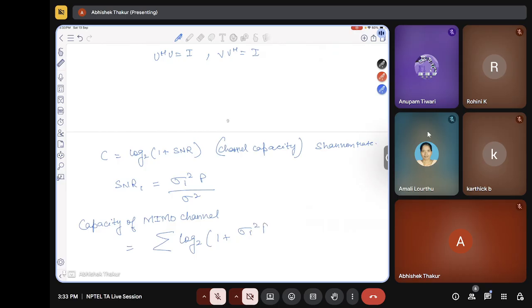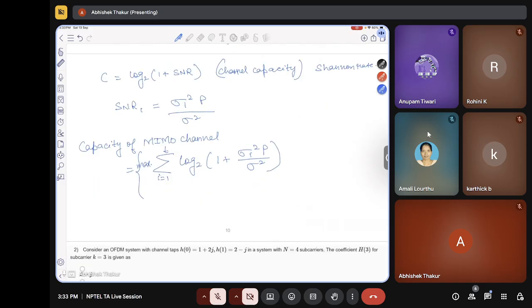So that is sigma i squared P_i by sigma squared. And we will optimize this, so this is optimal subject to the total power, the sum of P_i, being P.